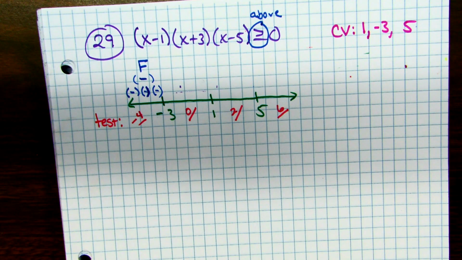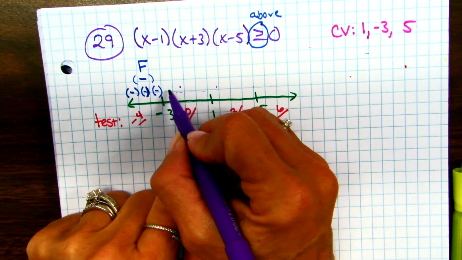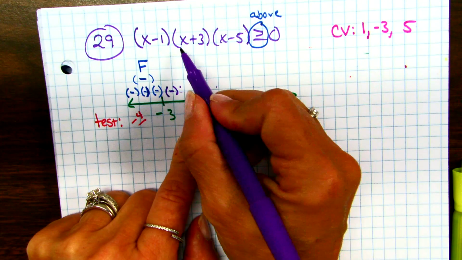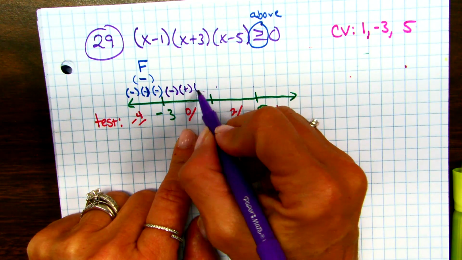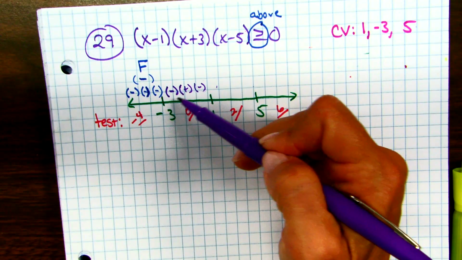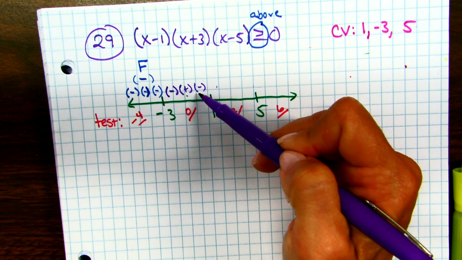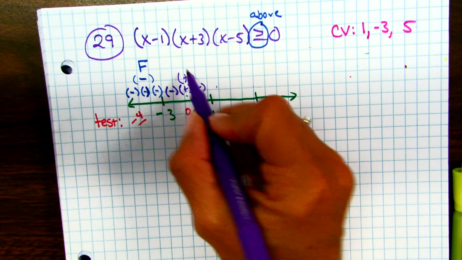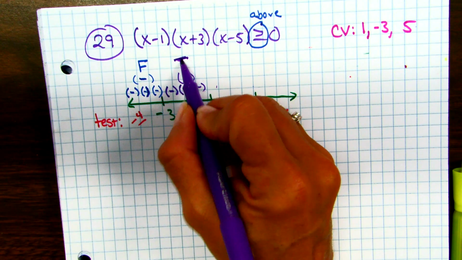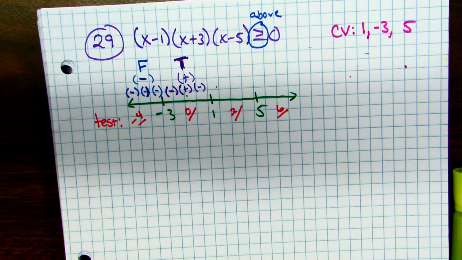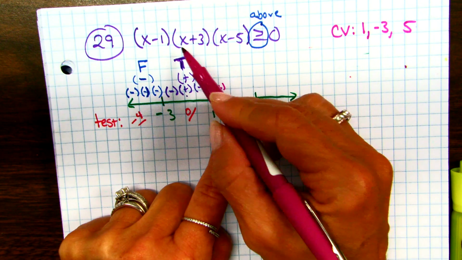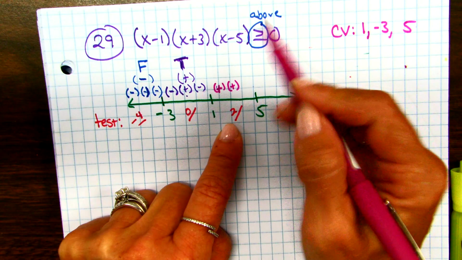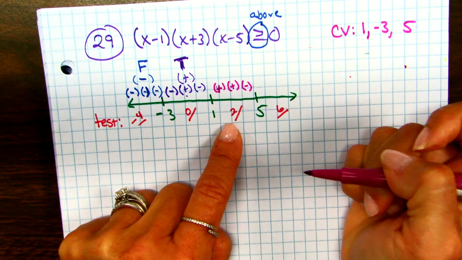Okay? Then I'm going to do 0. 0 minus 1, negative. 0 plus 3, positive. 0 minus 5, negative. A negative times a positive is negative, and a negative times a negative is positive. Positive numbers are greater than or equal to 0, so that would be true. 2 minus 1, positive. 2 plus 3, positive. 2 minus 5, negative.